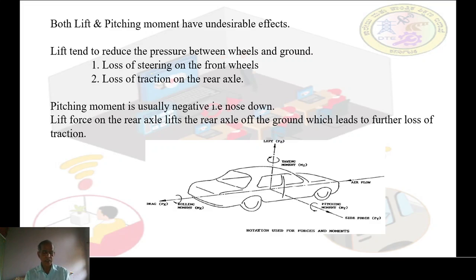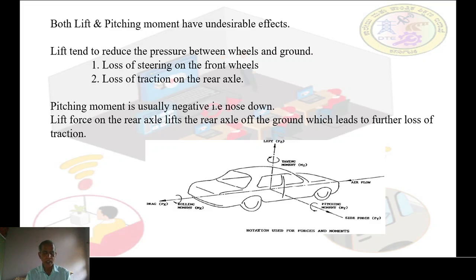The clear picture for the side view and front view of the vehicle is given, showing the different forces, and CP and CG are also given. Mx is there, Px is there, Pz is there, Mz is there, and the CP point is there, meaning center of pressure. Then CG is also there.